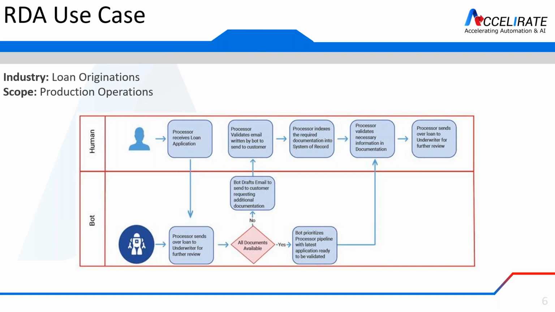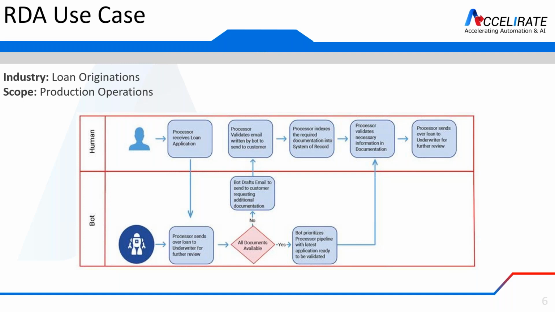So there's a lot of moving pieces in this automation, but what we found was that with their system of record, the way their process was set up, not every loan application that went into the processor's pipeline had all necessary documentation. It's a very common occurrence.